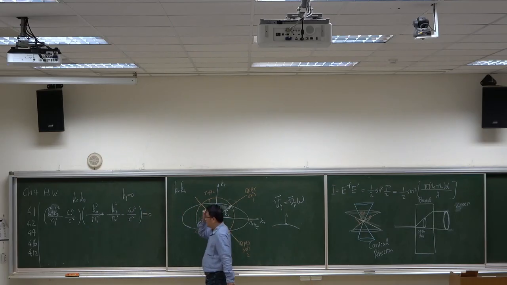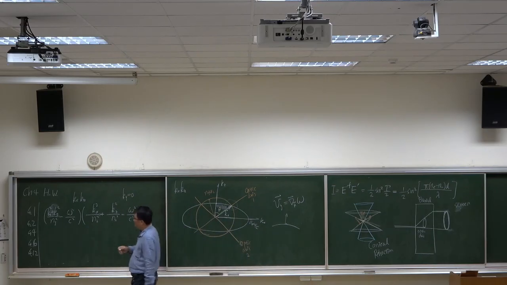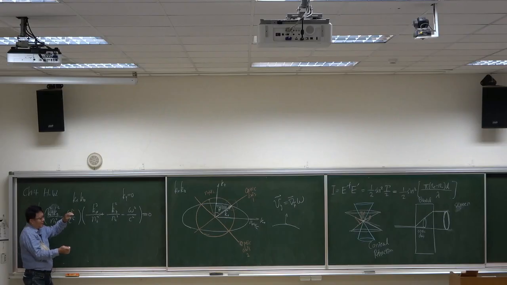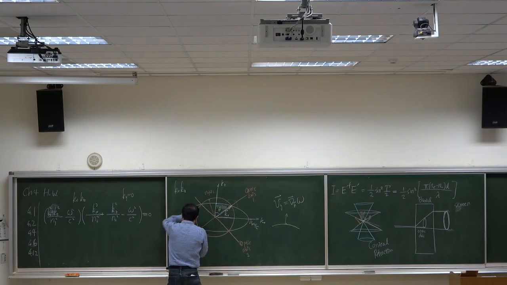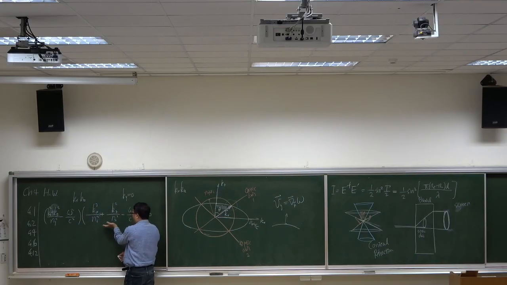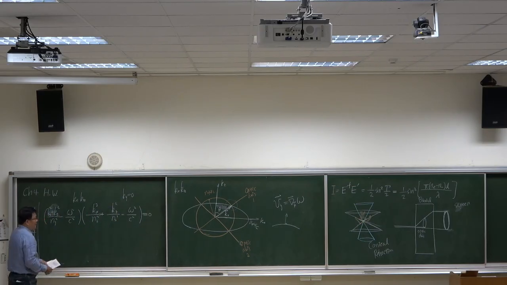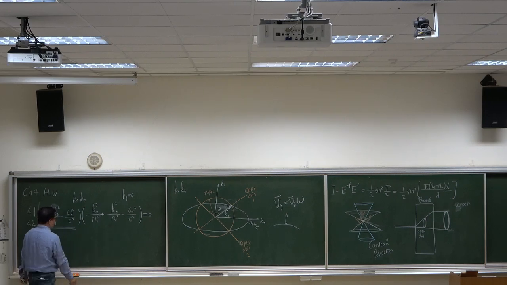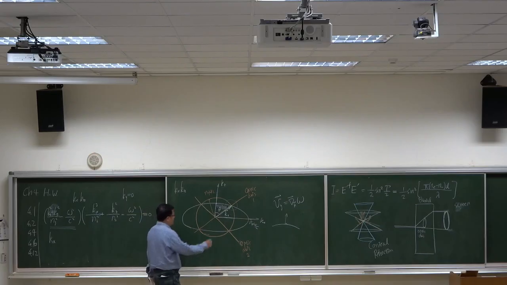So you see that the k0 point has the k satisfying both this circle equation and this ellipse equation. According to this circle equation, the x component and the z component of k0 can be written as follows.